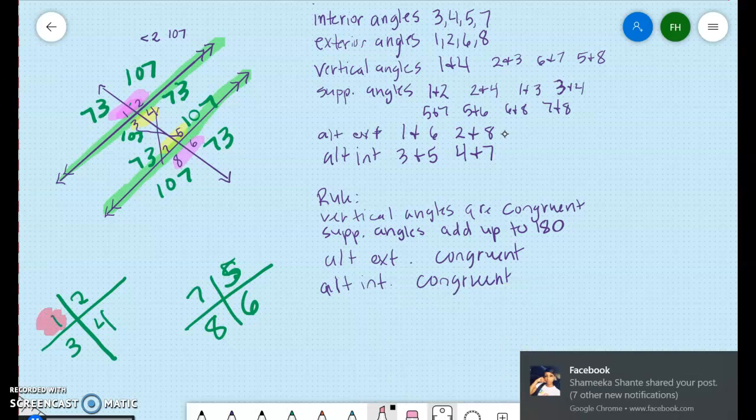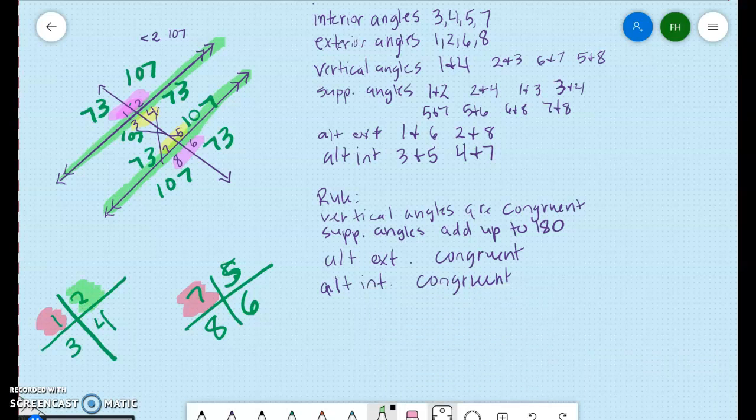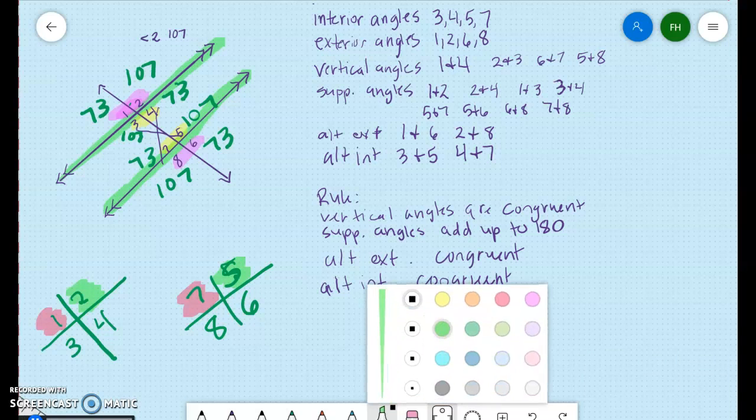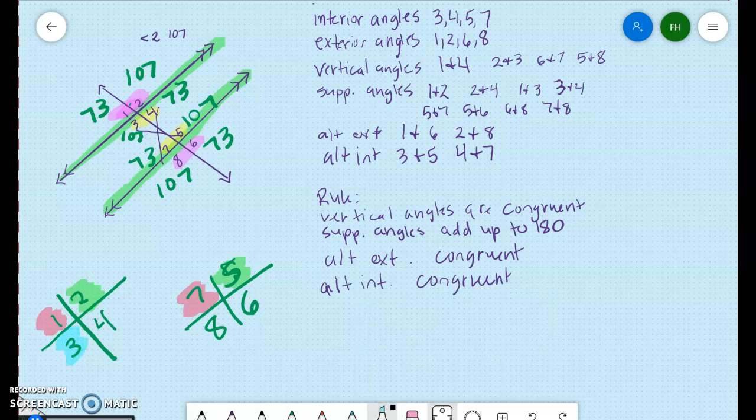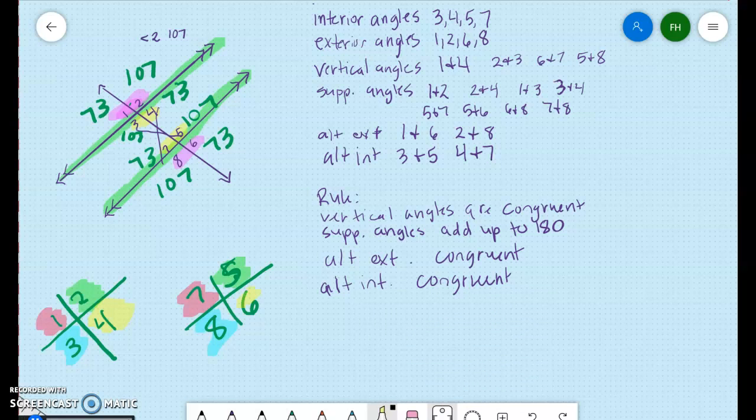we would see that 1 corresponds with 7, 2 corresponds with 5, 3 corresponds with 8, and then 4 corresponds with 6. So I'm basically taking this circle of angles and placing it on top of this circle of angles.